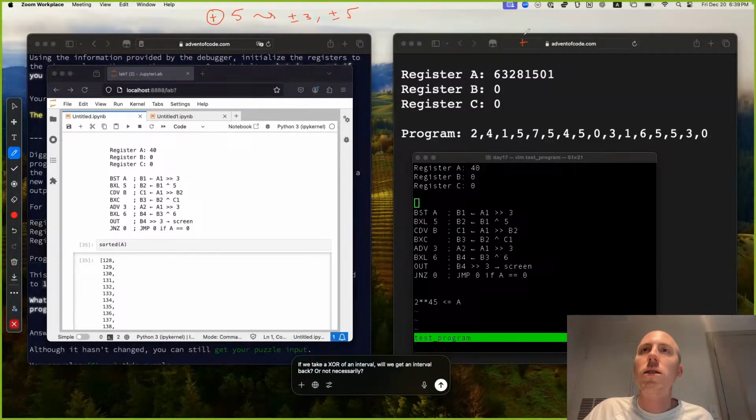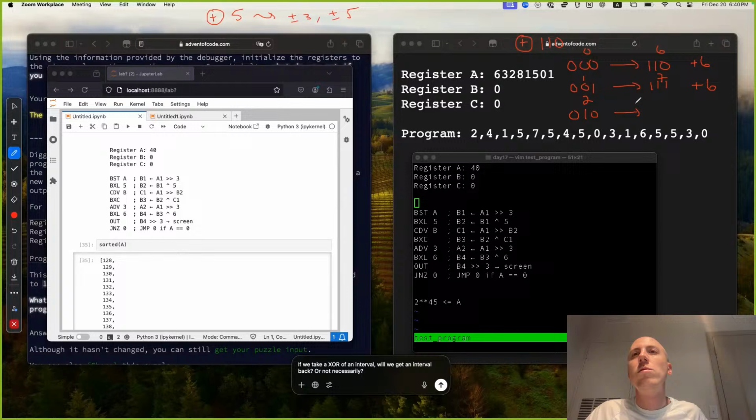So XORing with 6: 1, 1, 0. So 0, 0, 0 to 1, 1, 0 goes from 0 to 6, so you get a plus 6. Then 1, 1, 1: you get 1 up to 7, again plus 6. 0, 1, 0 is 2, you get 1, 0, 0, plus 4.